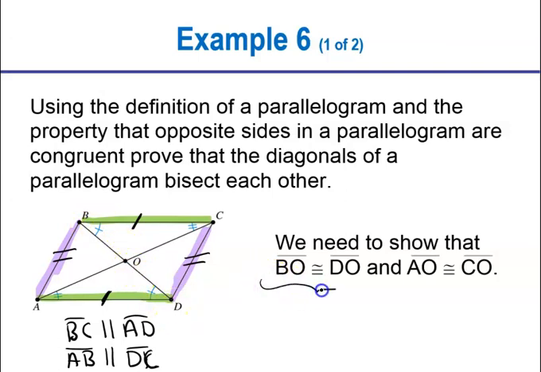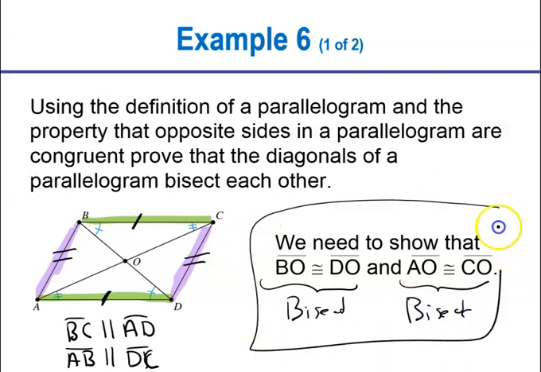That's what it means to bisect, is that you get equal lengths. Also, we're trying to show AO is congruent to OC. So once again, that's a bisect situation. So this is what we're trying to show in the end, that BO is congruent to OD and that AO is congruent to CO. Let's see if we can do that.